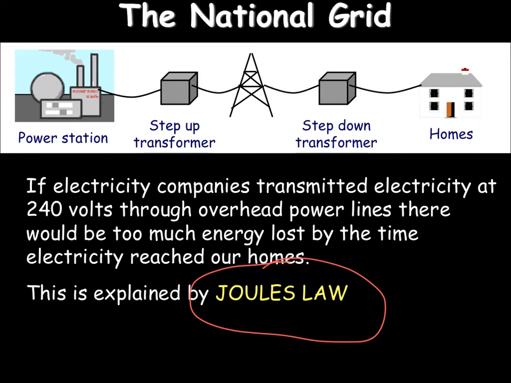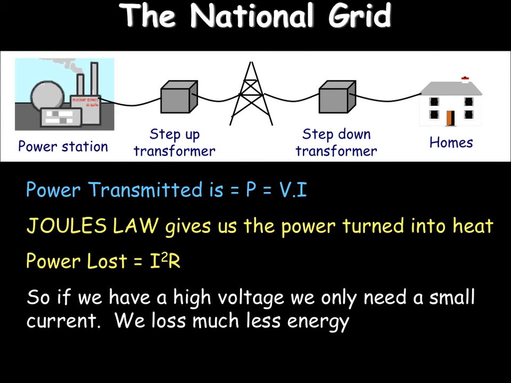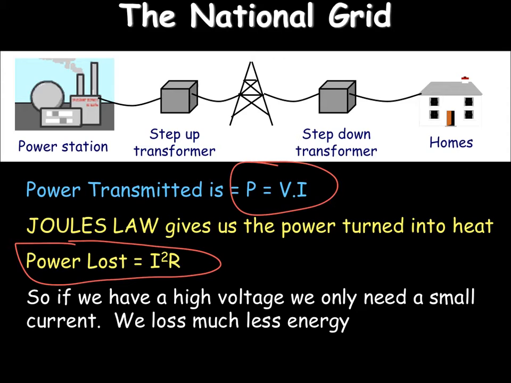He understood that while power transmission was P equals VI, energy lost, Joule's law, was I squared R. This simply means that voltage has nothing to do with the amount of energy you lose, but it has got to do with power transmitted. So if you have a very high voltage and a low current, you'll lose less energy, because the square of the current gives you the power loss.